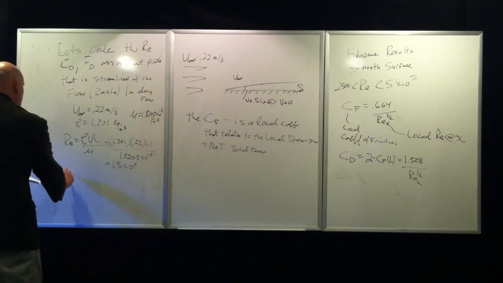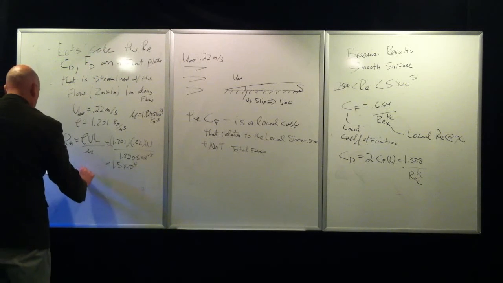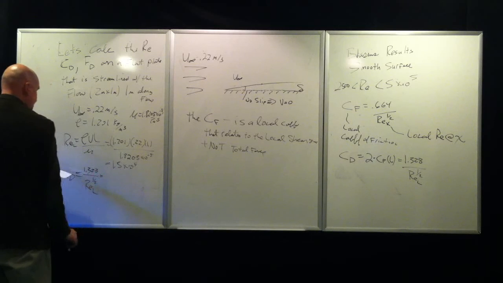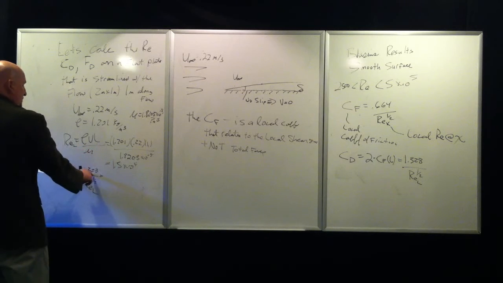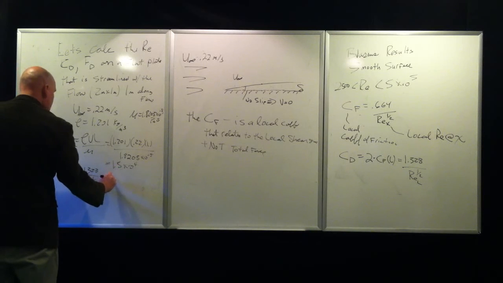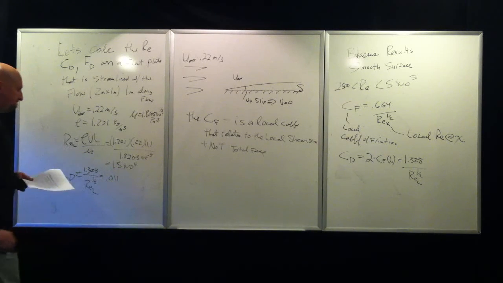Now to calculate the coefficient of drag over the entire plate is 1.328 over the Reynolds number based on length raised to the 1/2 power. Taking 1.328, dividing by that number square rooted, and you get a coefficient of drag of 0.011.